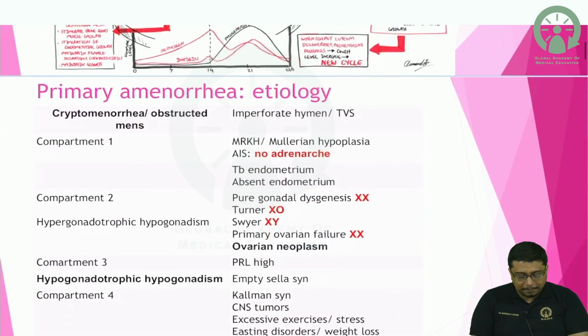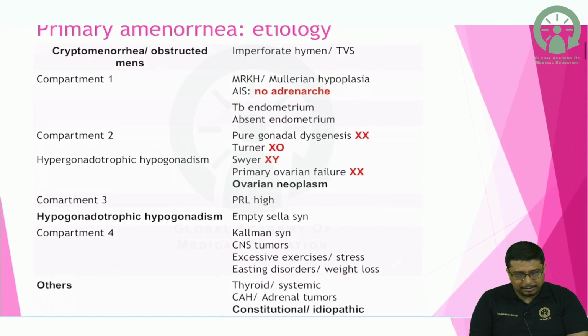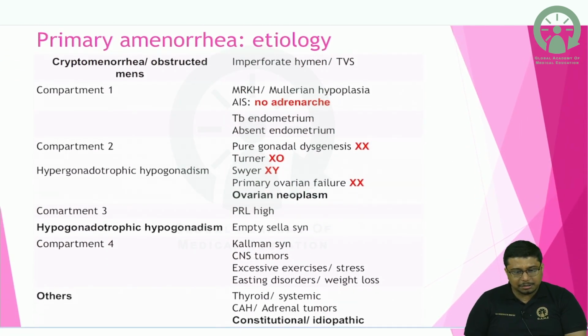So coming to primary amenorrhea. Whenever we see any complicated question of amenorrhea, see which compartment has the problem. Either it is a problem of the outlet, where menstruation is actually happening, which will be given by clues like mid-cycle pain and secondary sexual characteristics, and it is either an imperforate hymen or a transverse vaginal septum.